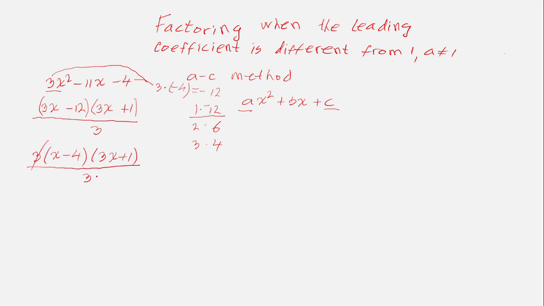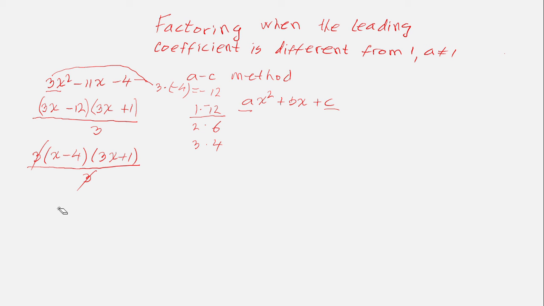Now this 3 is going to divide this 3 out. And this fraction always needs to disappear. Once you're done factoring, this fraction needs to be gone. This denominator can be cancelled by factoring a number from one of these parentheses or from both of them, as long as they multiply together and make this number.